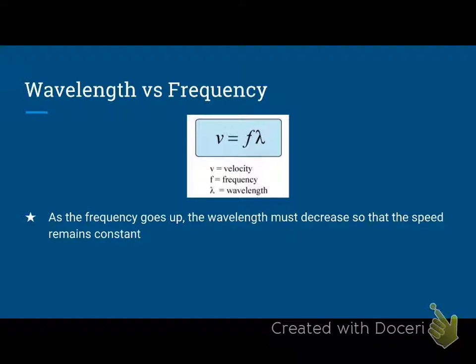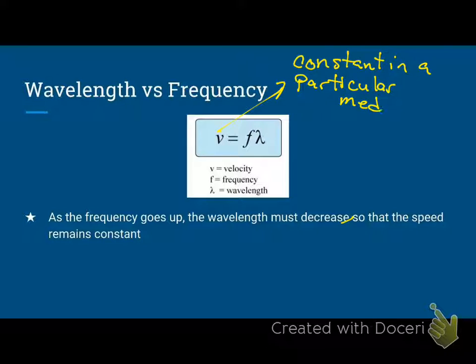So again, here we have our v equals f lambda. As we've mentioned, the velocity is dependent on the medium, so the velocity is constant in a particular medium.